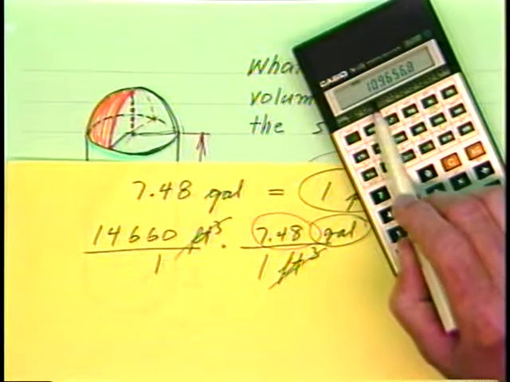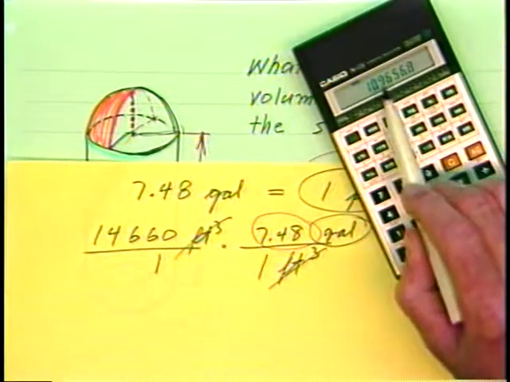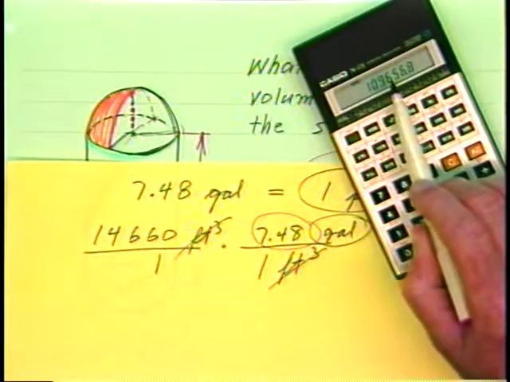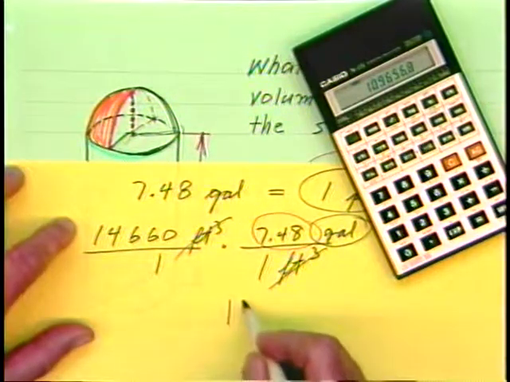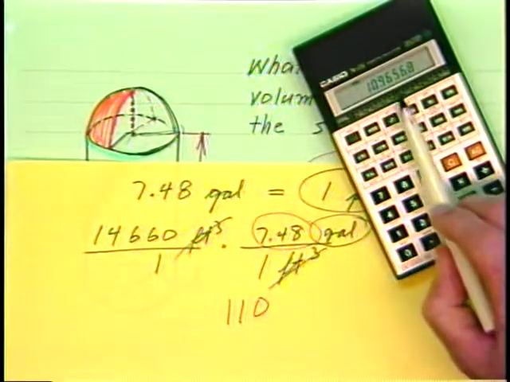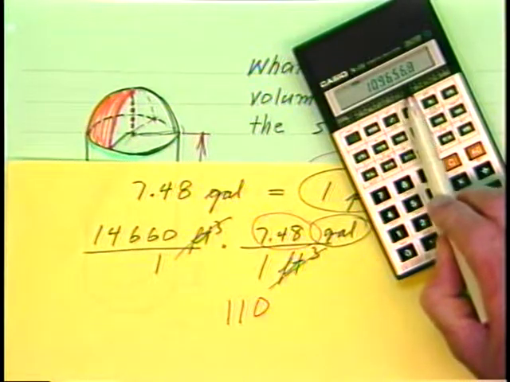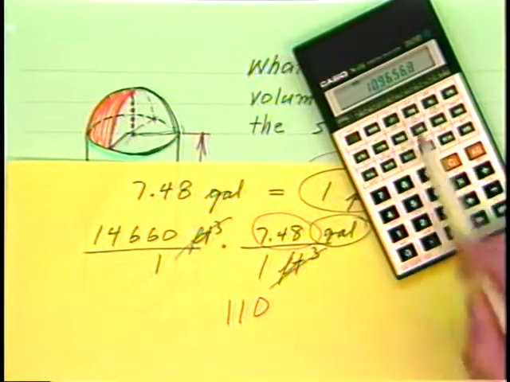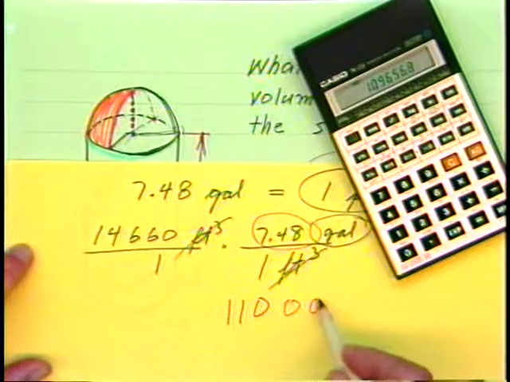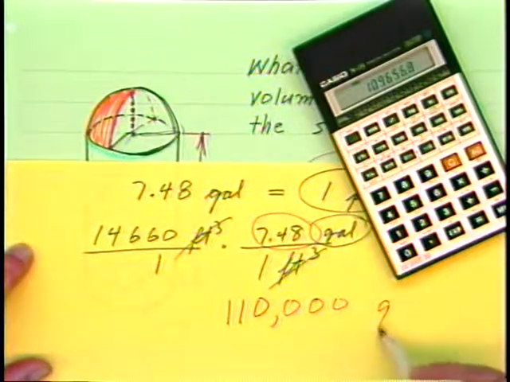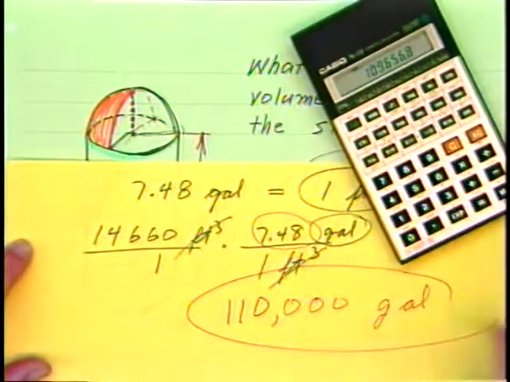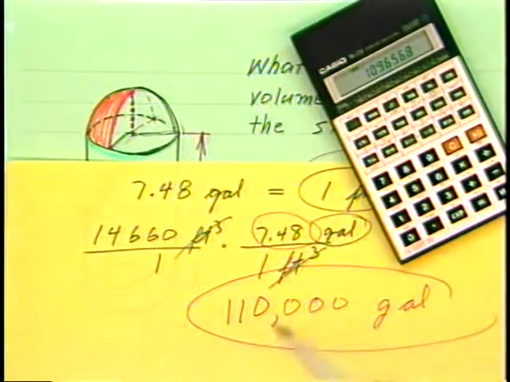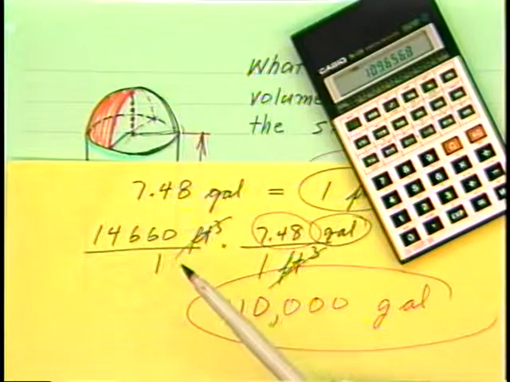Counting out the first 3 digits, the one after it is 5 or more, so I'll round this up, giving me 110. But I have to keep my next 3 zeros as placeholders to keep the magnitude right. So we say that's approximately 110,000 gallons.